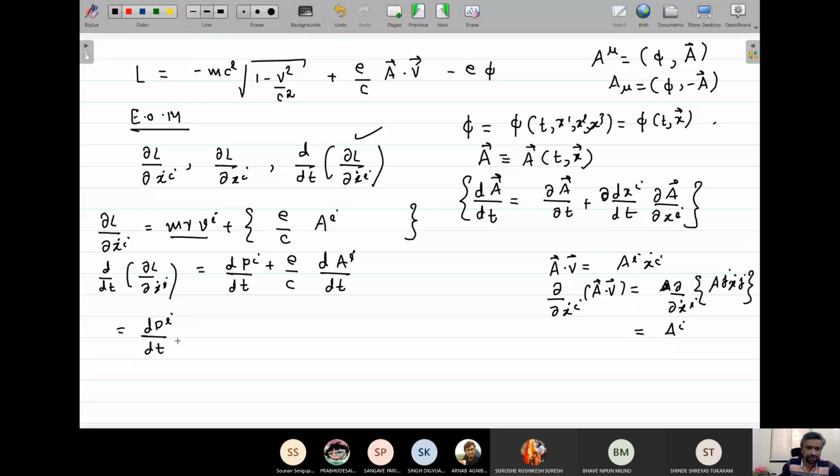So dp_i by dt plus e by c, d dt of A_i. So it will give me del A_i by del t plus dx_j by dt times del A_i by del x_j. But dx_j by dt will be the jth component of the 3-velocity v_j.